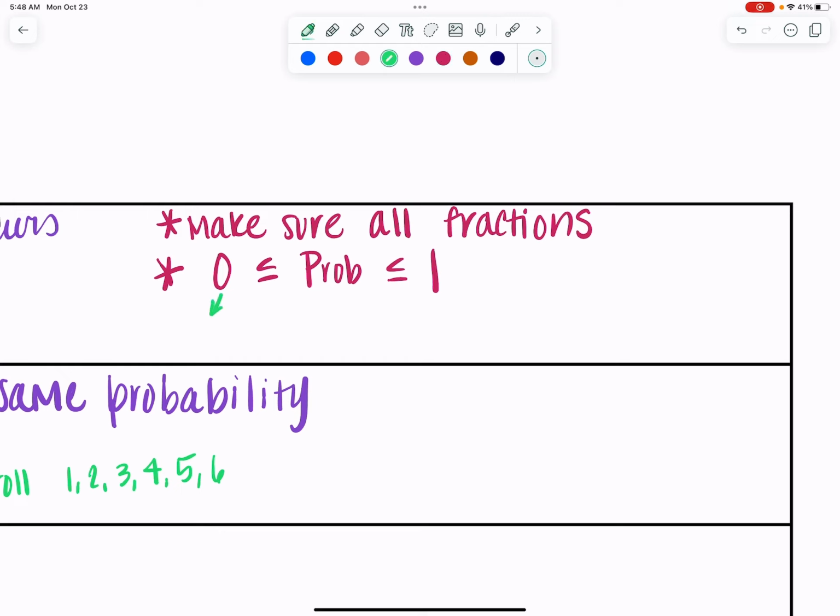A probability of 0 means absolutely not. A probability of 1 means absolutely is.